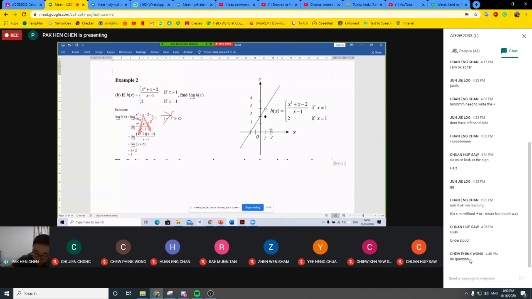We factor out x squared plus x minus 2 equals x plus 2 times x minus 1, having the same factor as your denominator to be cancelled out. Once simplified into x plus 2, then only can we substitute 1 into this function. Here we have 1 plus 2, which is 3, same as what we have seen from the graph.